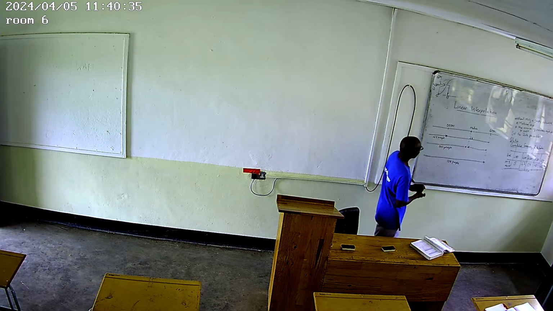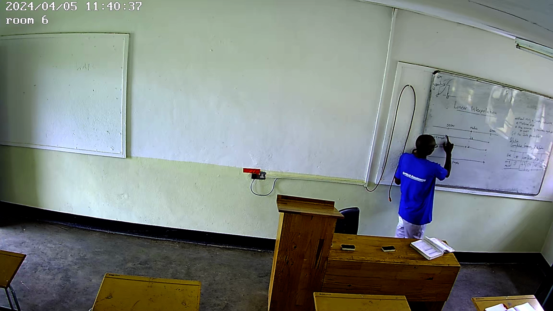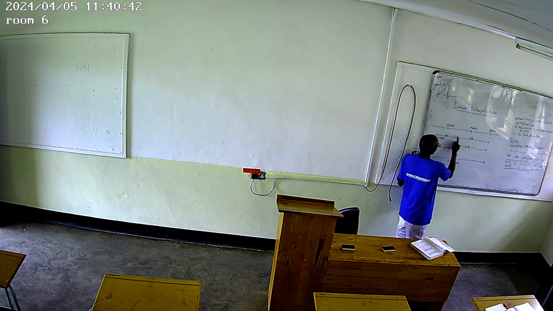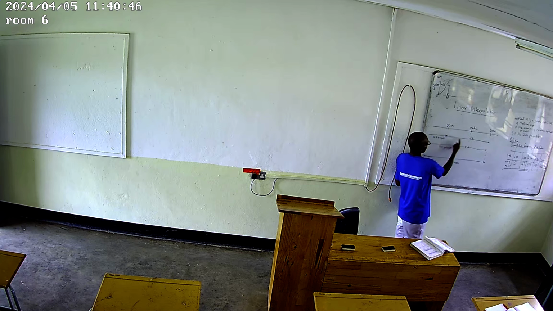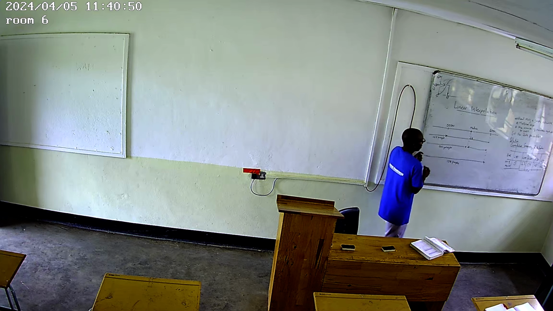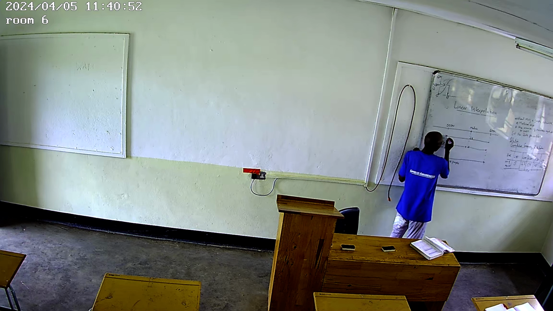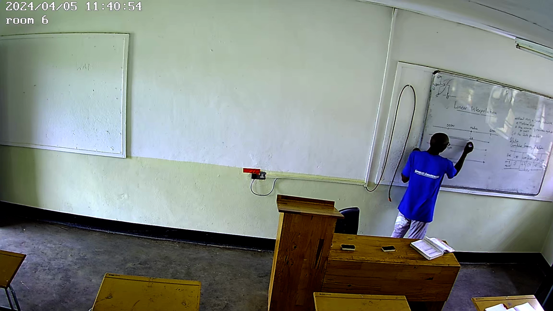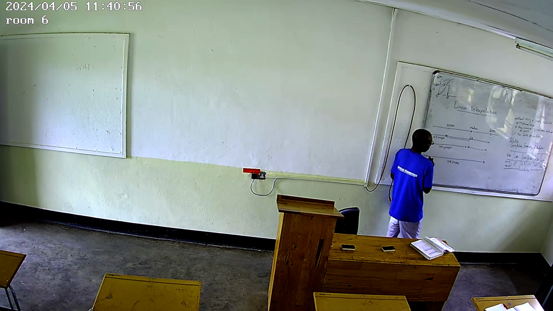And is it possible to find from this point to there? Is it possible to find from here to here? No, it's not. You know from this one to here is 80, right?